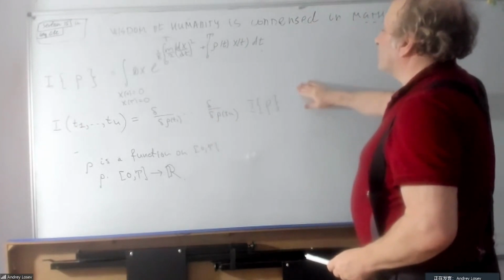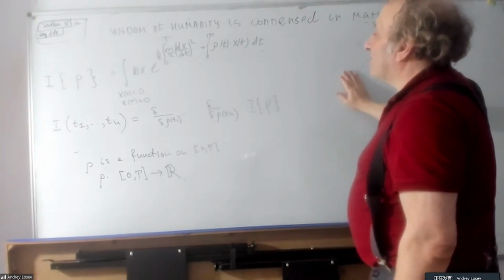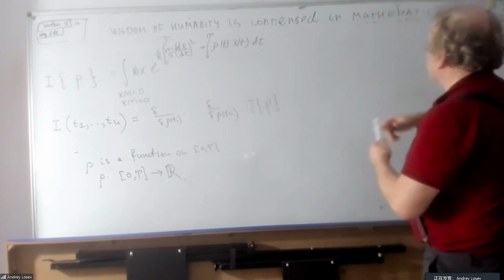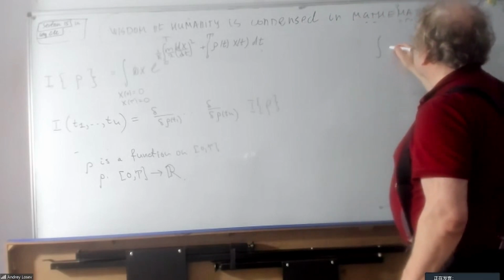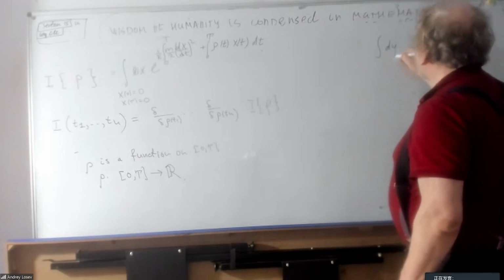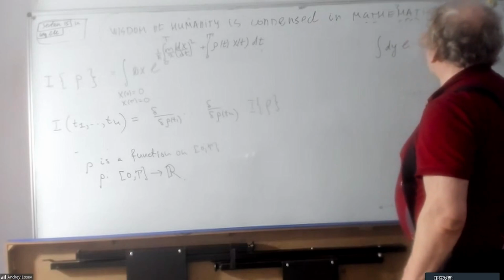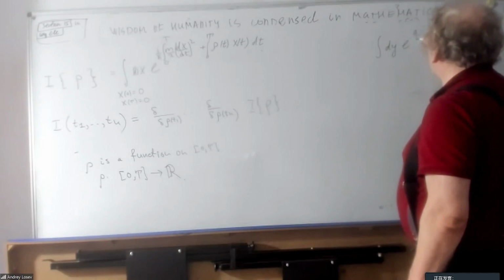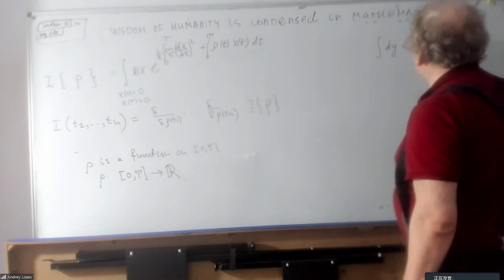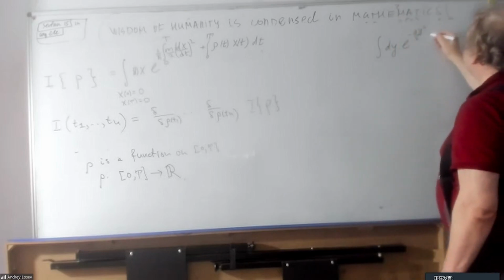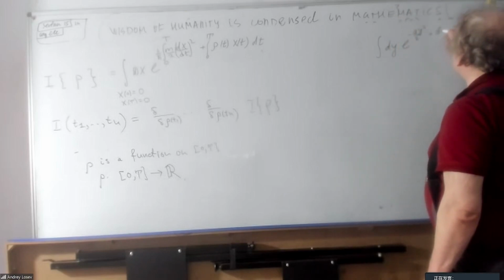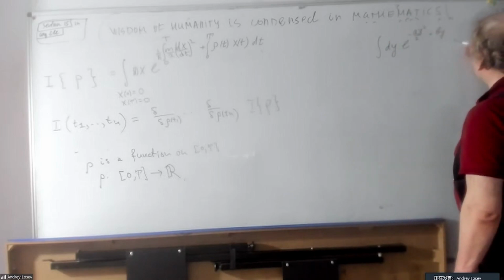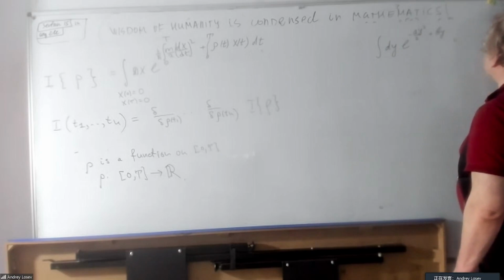And since it's a Gaussian integral, it may be computed by the shift of an argument. Equals, so here is some number that I don't need.